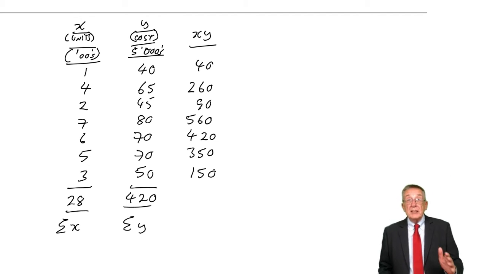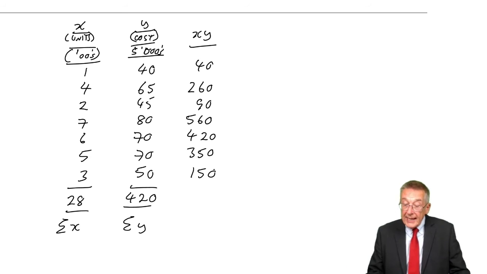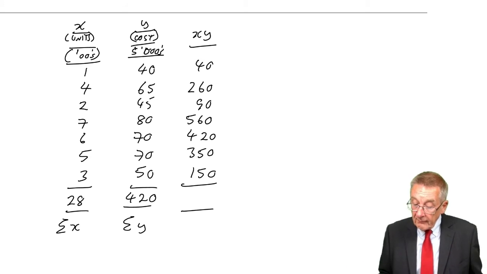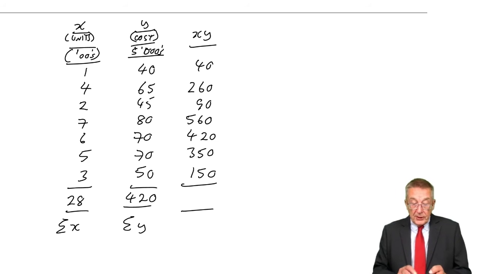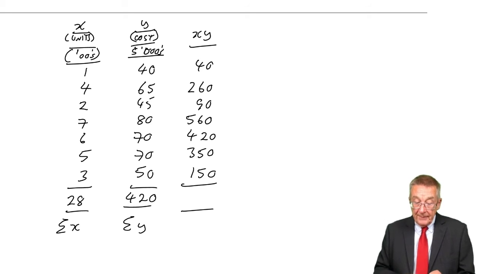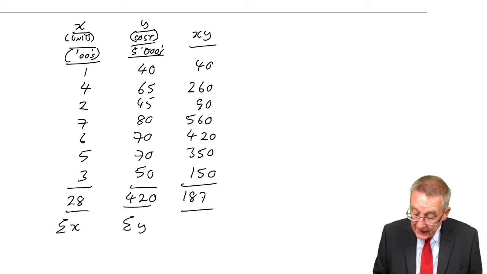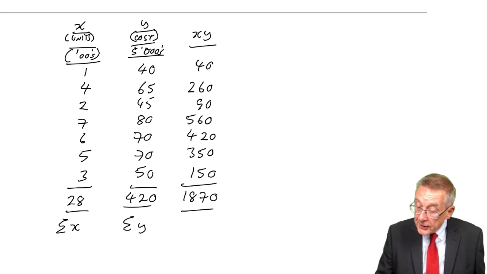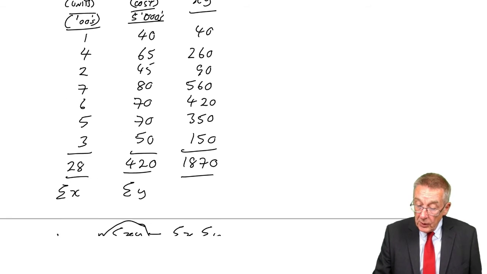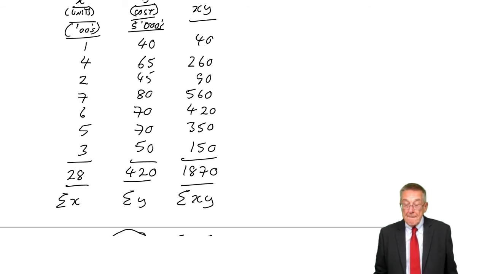In each case, I've multiplied x times y, and then I add them up. So the total, 40, 260, 90, 560, 420, 350, 150. The total is 1870. That's the total of all the x times the y's, or sigma xy.